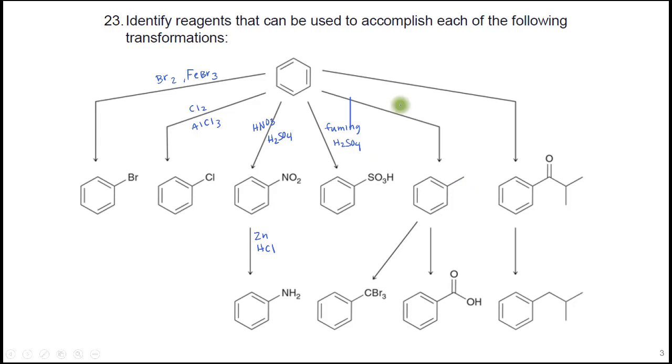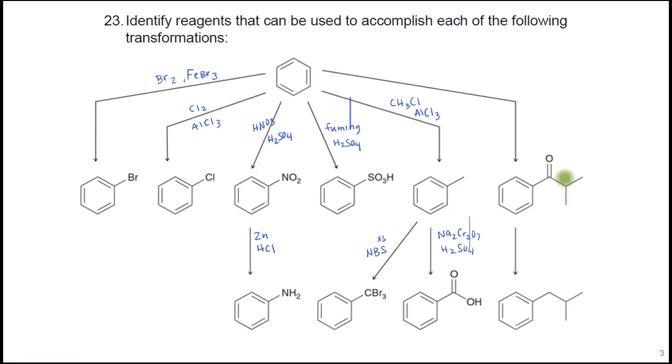To add a methyl group, this is CH3Cl, AlCl3. That's the Friedel-Crafts alkylation. To make it the benzoic acid, we can use the Jones reagent. If you want to add 3 bromines to make that CBr3, we can use XS NBS.